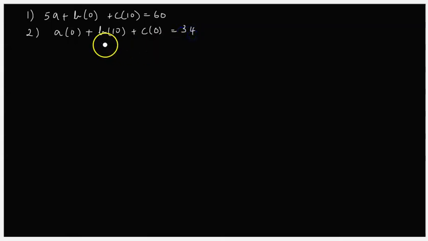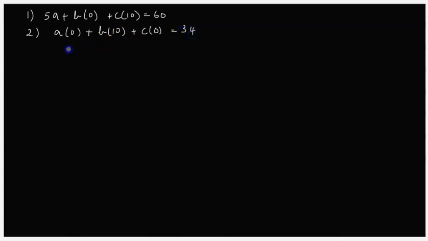Now substituting all the totals in the three normal equations, for the first normal equation, we'll get 5a plus b into 0 plus c into 10 is equal to 60. Then for the second normal equation, you will get a into 0 plus b into 10 plus c into 0 is equal to 34.